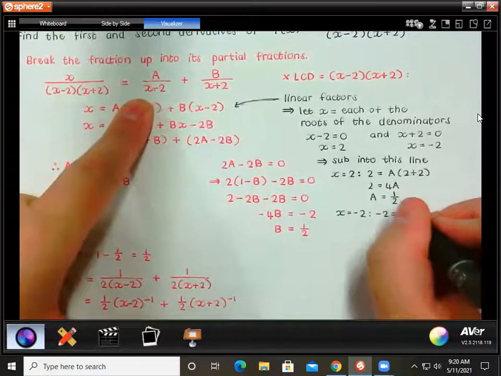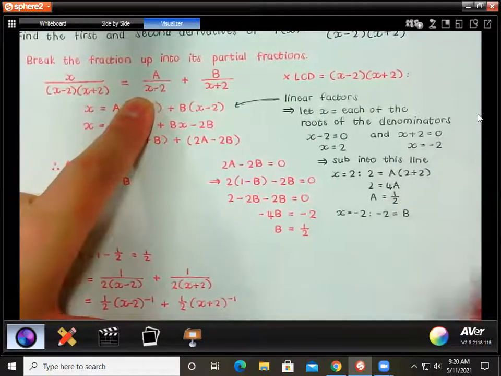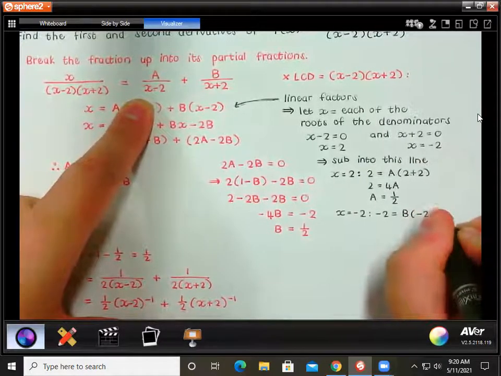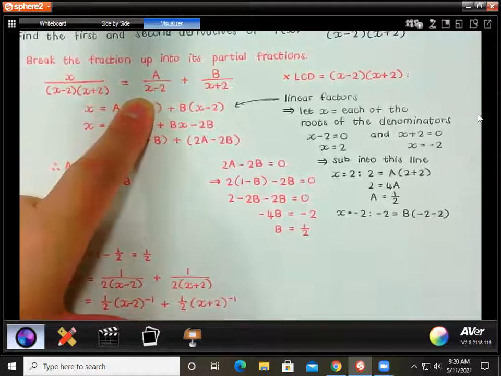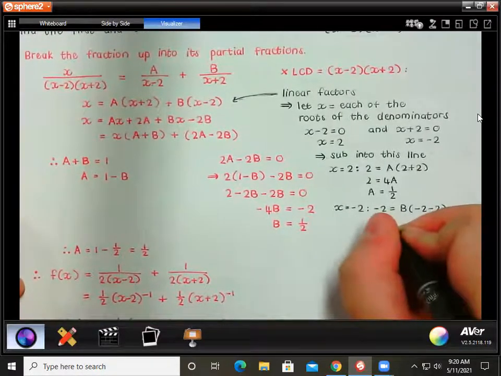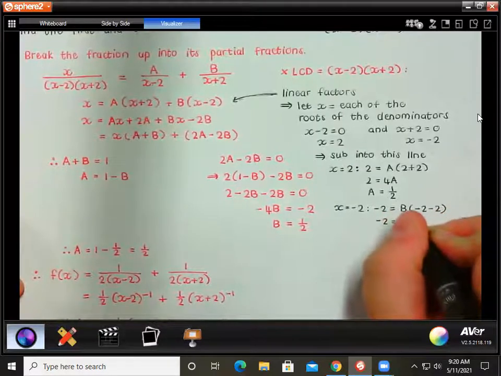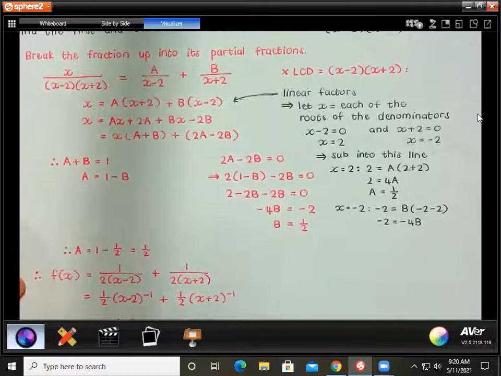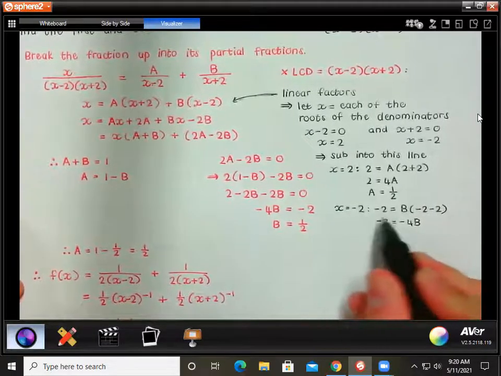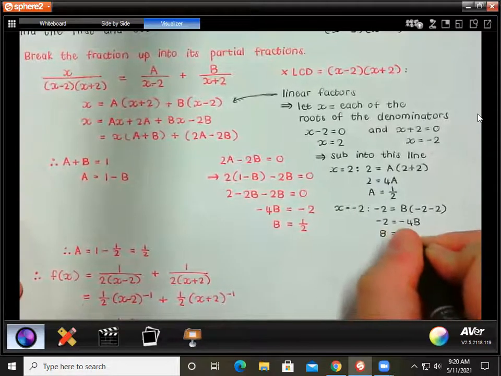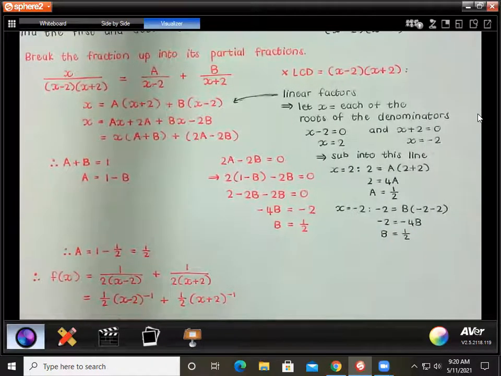Then you're going to have plus b. You can say 0 plus b, it doesn't really matter. -2 minus 2. So that leaves me with -2 is equal to -4b, which if I now solve for b again, it's going to be -2 divided by -4. So b will also equal a half.